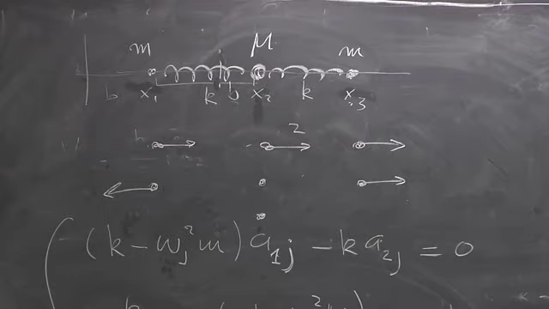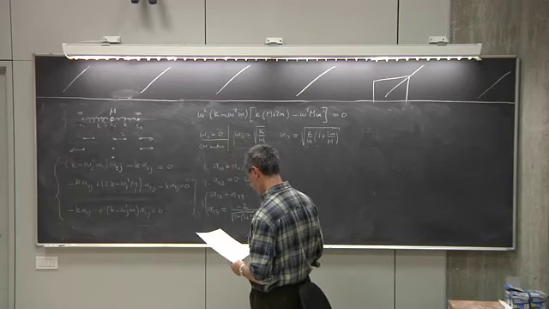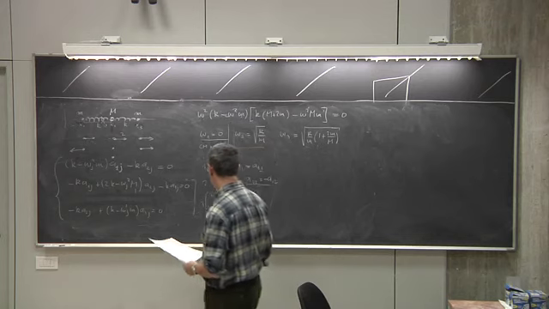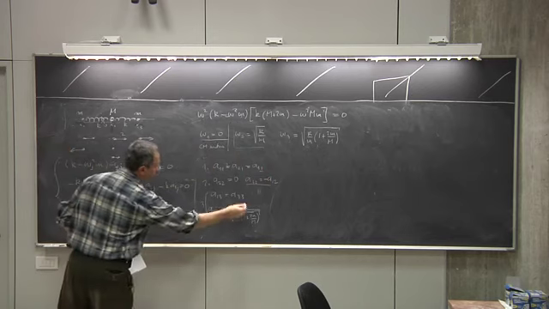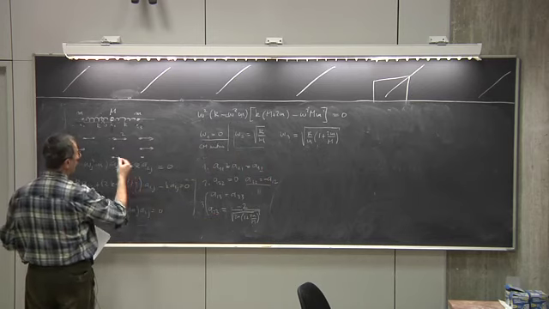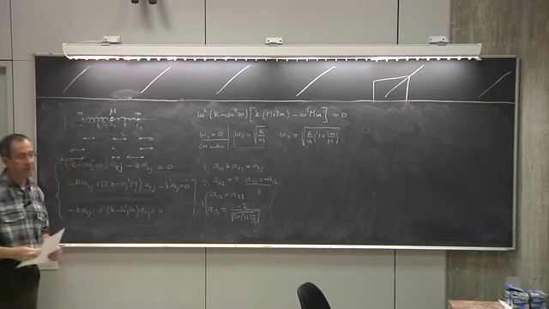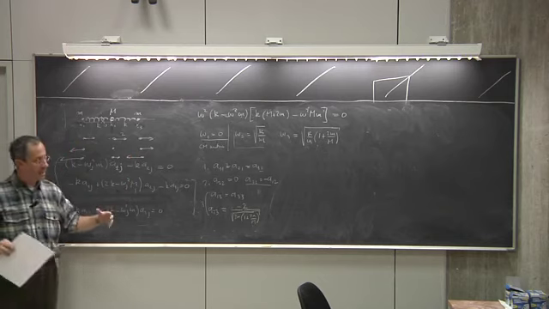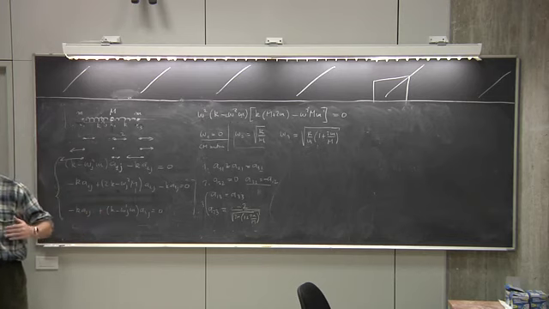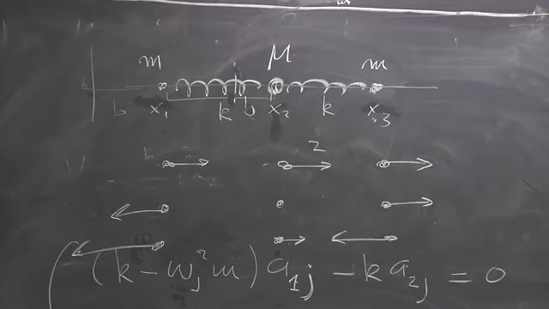So this, sorry, this is -2. I made a mistake. So this is a motion that is like this. This is moving by a certain amount in this direction, and the other two move in the opposite direction by the same amount, that is different from this one. Because this is heavier, this moves much less than the other two in the opposite direction, proportionally to the difference between the two masses.